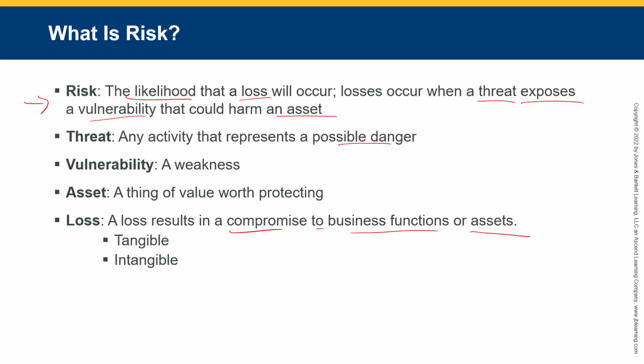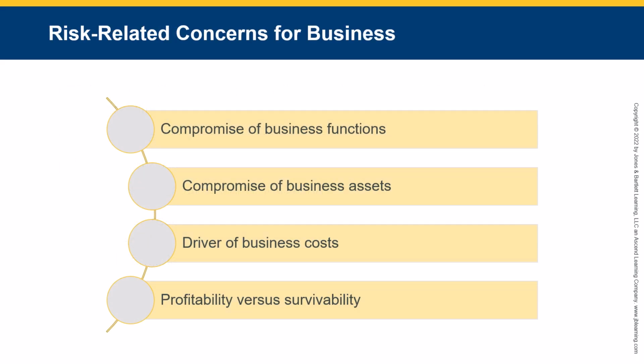All right, so what are some risk concerns? Since we're talking business functions, what are some of these risks? Well, compromise of the business function, compromise of business assets, anything that will increase the costs for the business, and basically we're looking at profitability versus survivability. So are the costs going down and the revenue going up?